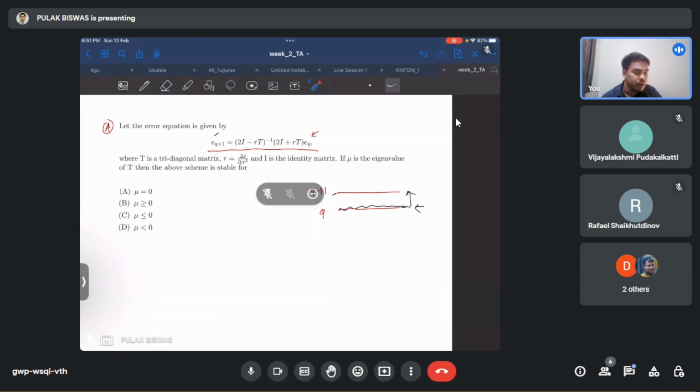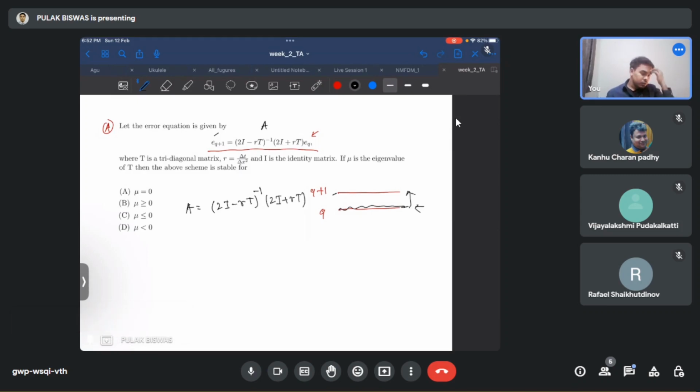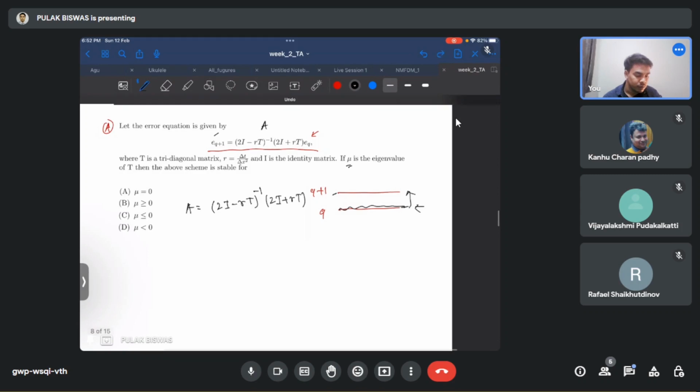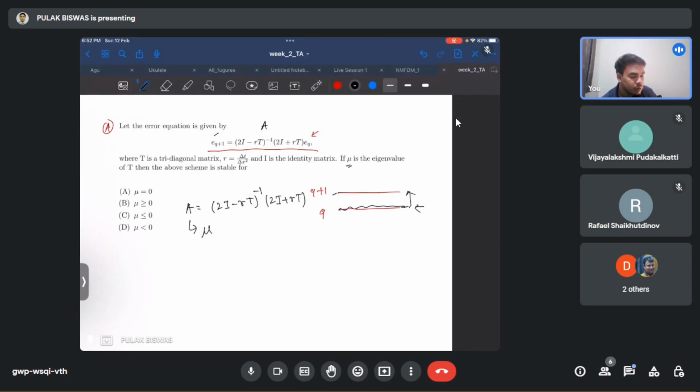If this is some matrix A, maybe the whole matrix, suppose A equal to this one, and it is already mentioned that mu is the eigenvalue of this matrix. So its value should be less than 1.